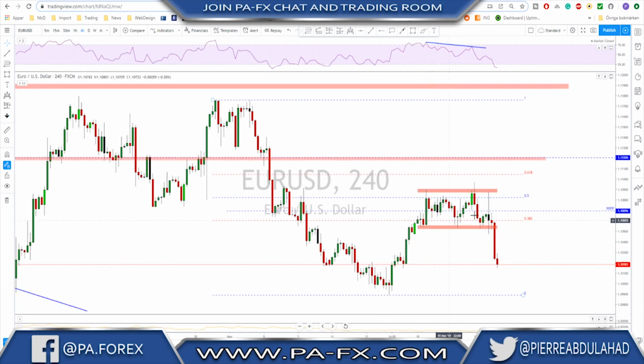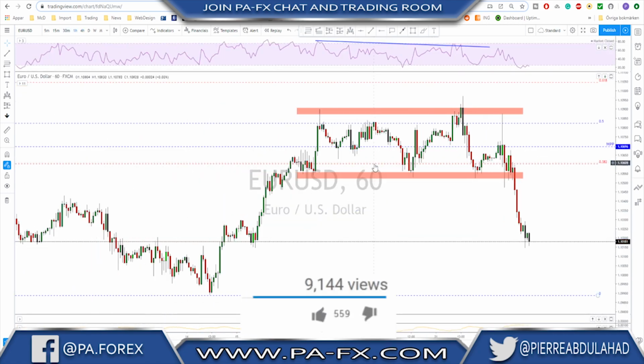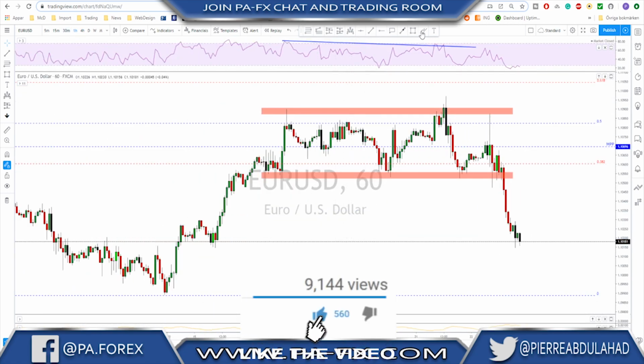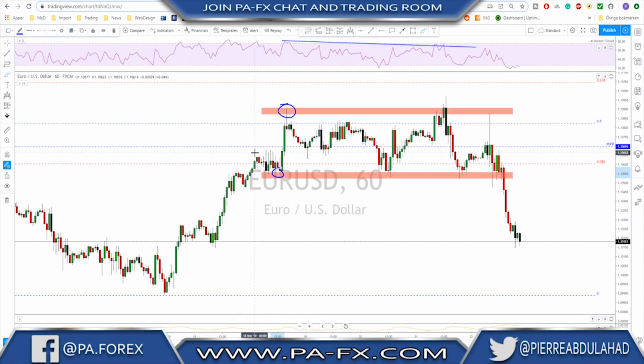Now, what happened on EURUSD last week? Same as oil. You had a clearly defined range, especially after this rejection. The market had this retest, another rejection here, and then we entered a narrow range before we tested once again this low to push all the way back up to the top of the range.